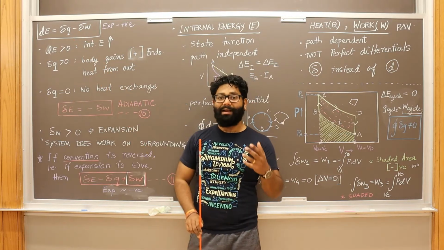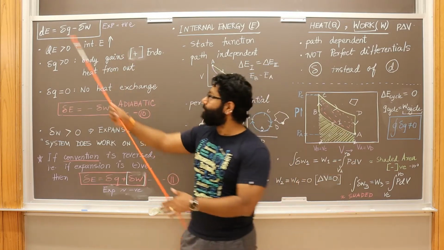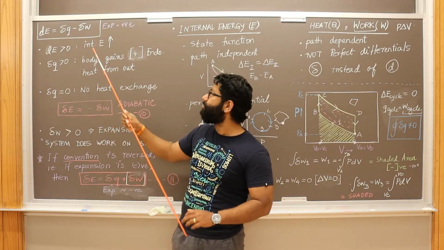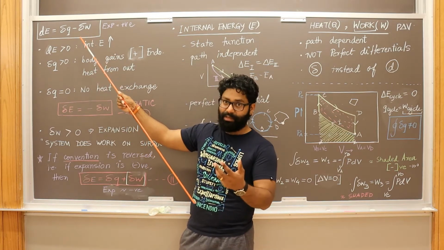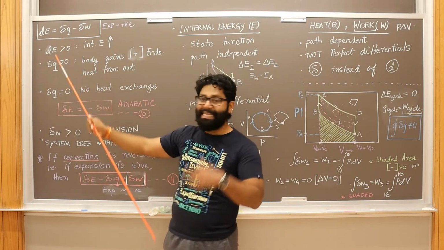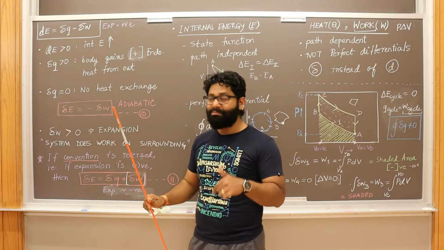So you are running short, you have to get $50 from your savings account. Now this internal energy will be your savings account in this case. Internal energy will be reduced if you do an expansion more than the energy you gain. So in that case, the dE will be less than 0 and the internal energy will be reduced.